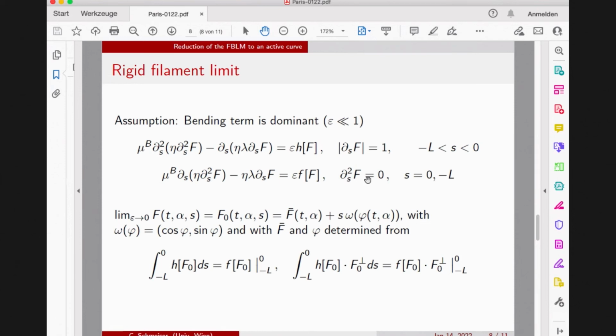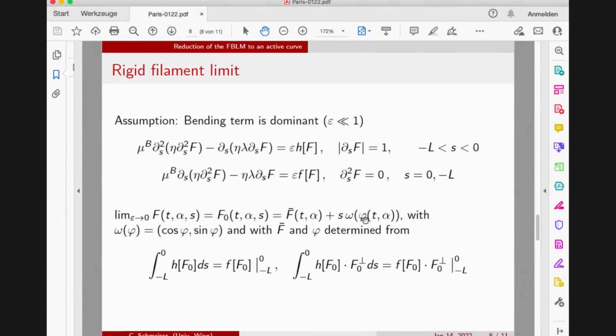And now if you pass to the limit in this model, or you look at the limiting model with epsilon equals 0, then you see what you get is something simple. You get straight filaments, as you can expect, right? And so the filaments can now be parameterized only by where they are at the leading edge, s equals 0, and by a direction, angle phi.